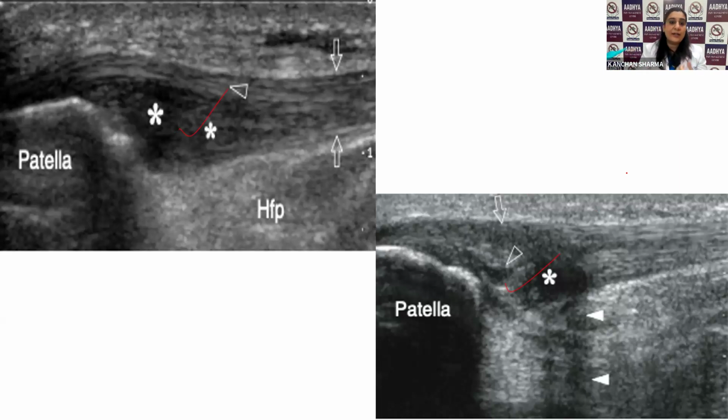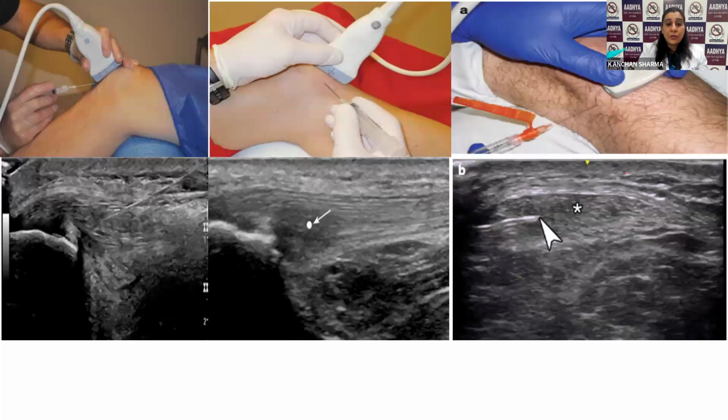Even for a partial tear and a tendinosis, you go for a PRP injection inside the tendon. You can go for a longitudinal axis in-plane or longitudinal axis out-of-plane. But if you ask my personal preference, it is always short axis in-plane, because within a fraction of seconds, you are there and you will be able to see the whole of the tendon very nicely.